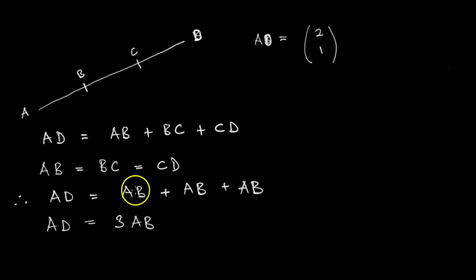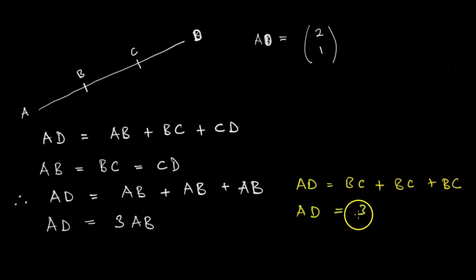And we can do the same using BC: AD is equal to BC plus BC plus BC, so AD is equal to 3BC. We can do the same with CD: AD is equal to 3CD. In your practice, write that AD is equal to 3CD.